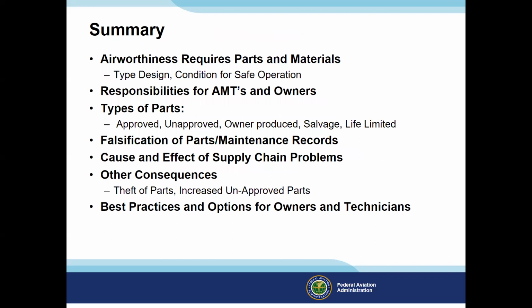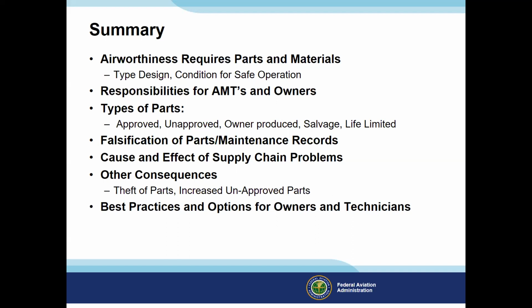So in summary of what we've talked about tonight, airworthiness requires parts and materials. And airworthiness is defined by conformity to type design and in condition for safe operation. We looked at the responsibilities for AMTs and owners.